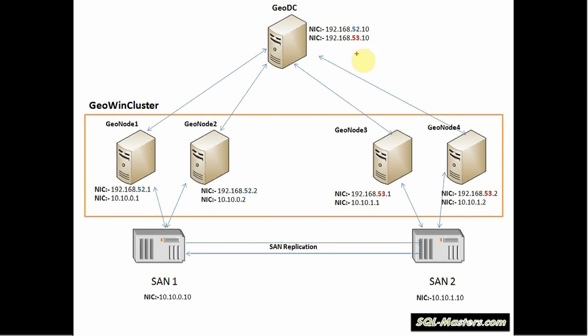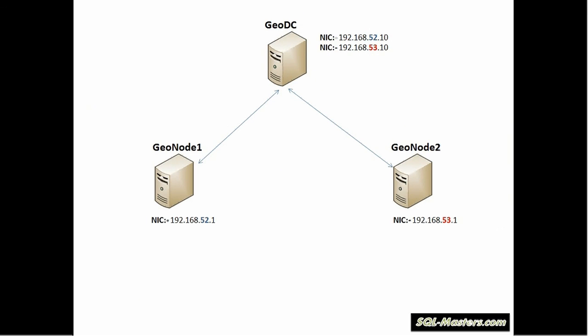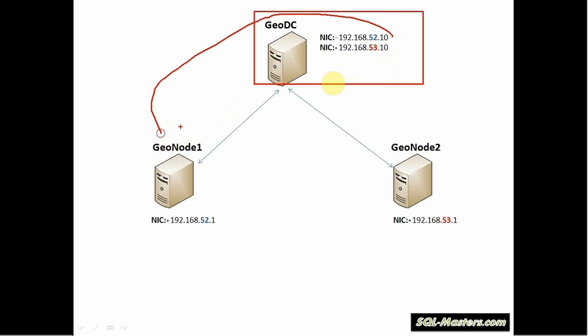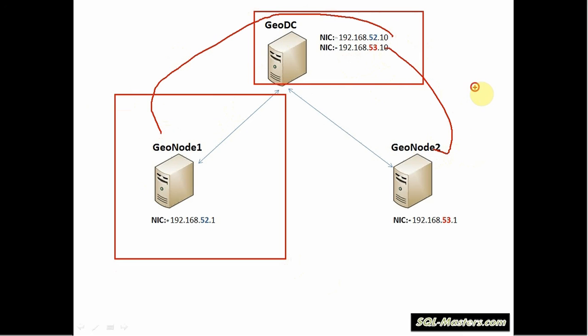So instead of having 7 nodes, I'll be having only 3 nodes. I have the same concept of GODC. The domain controller will be the same with the 2 different subnets, as you can see. We'll be assuming that this is Delhi and this one is Mumbai.